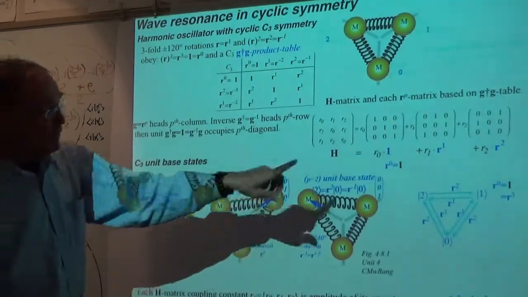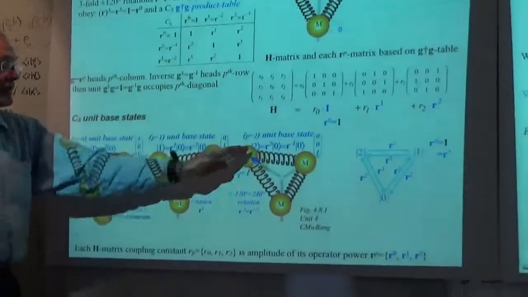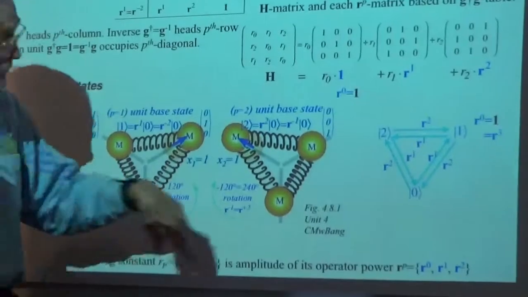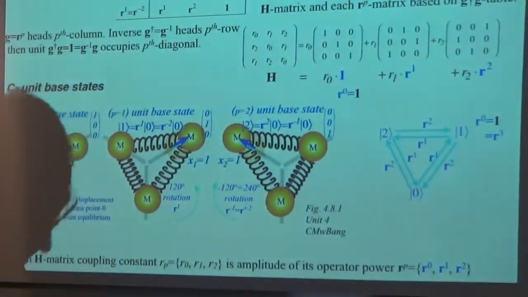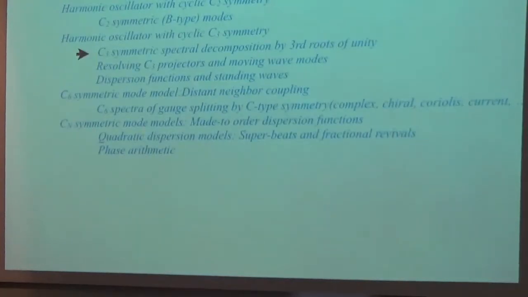And there's a picture of them all doing their things to the various base kets. So once you get all this stuff set up, and this is in unit 4, chapter 8, I think that's all I need to say.